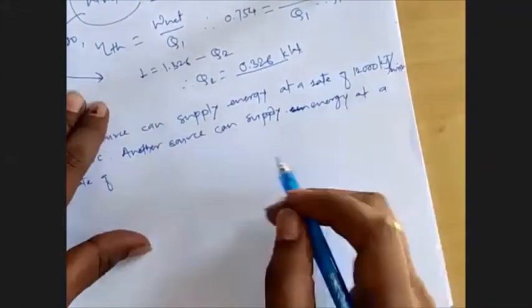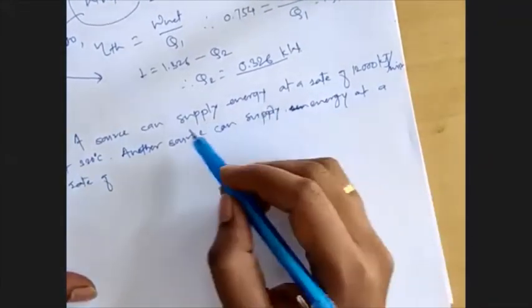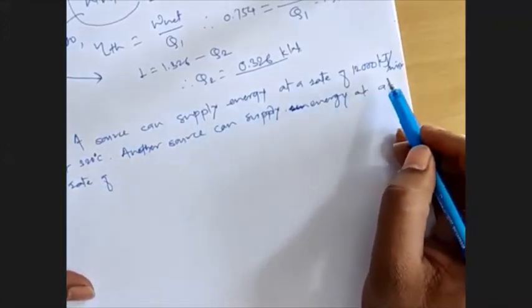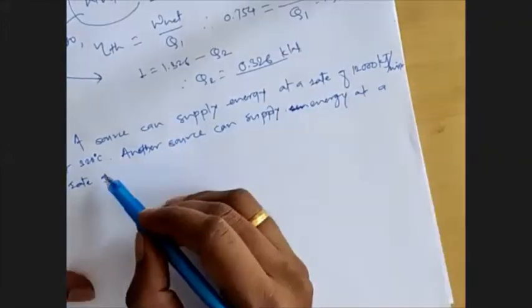Okay, a source can supply energy at a rate of 12,000 kilojoules per minute at 320 degrees Celsius.